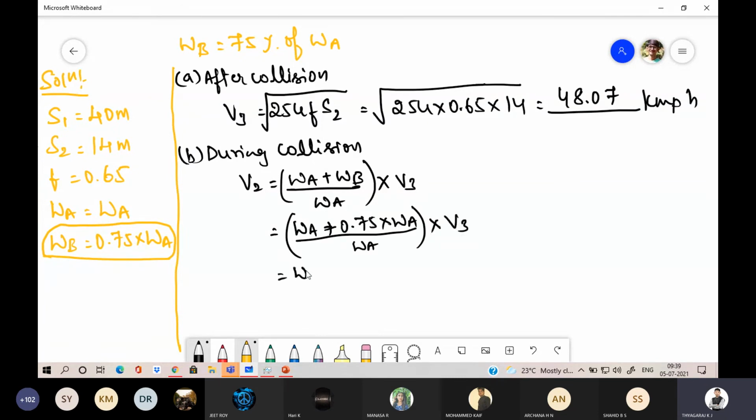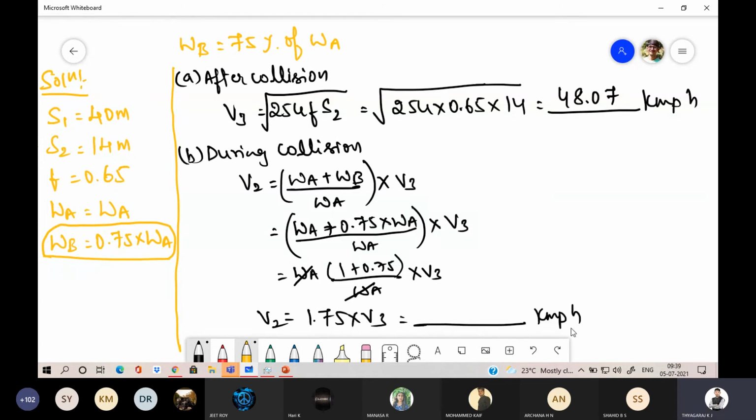Take WA common, 1 plus 0.75, and WA gets cancelled. So 1.75 times V3. Multiply 1.75 into 48.07. 84.12 kmph.